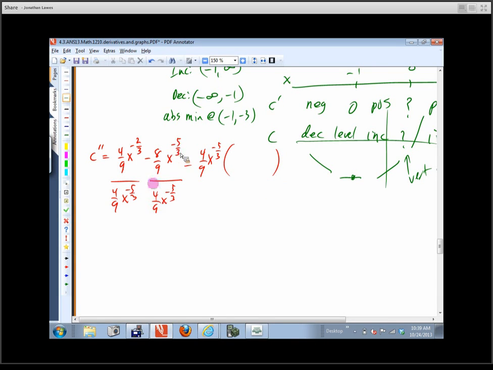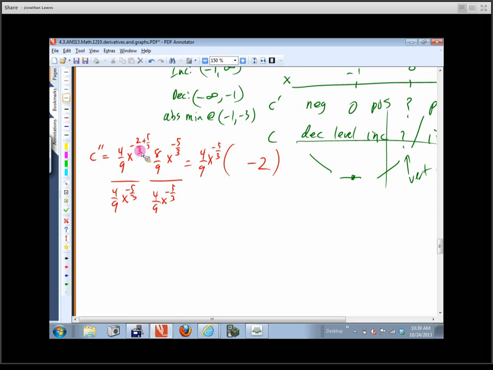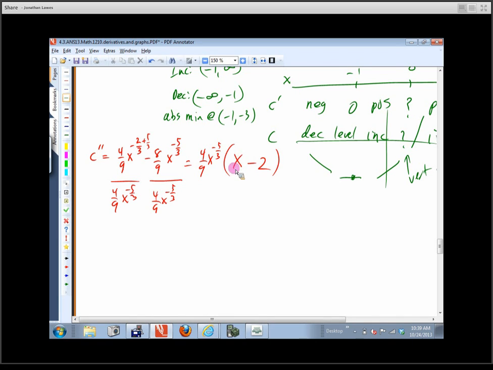Take a look at this one. The x to the 5/3 cancel. What's -8/9 divided by 4/9? -2. Is that okay? 4/9 and 4/9, those cancel. If I move this up in the numerator, I'd be adding 5/3. So that's going to give me 3/3, which is 1x. How cool is that?